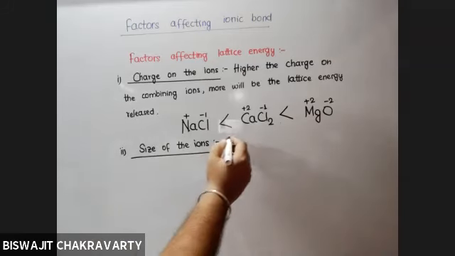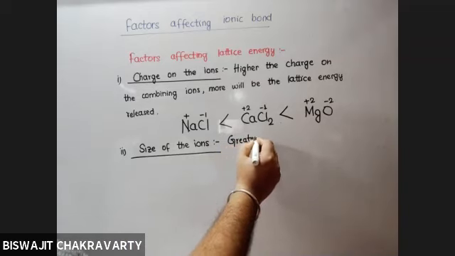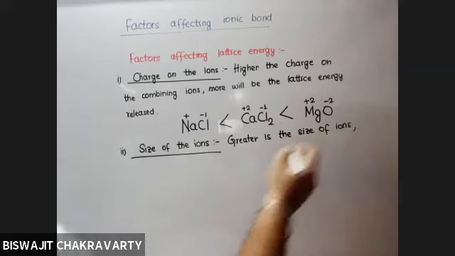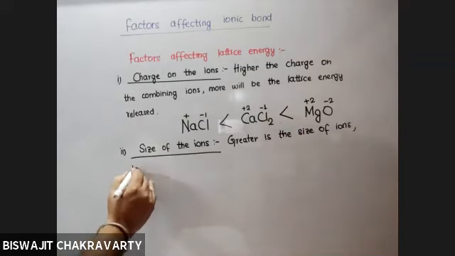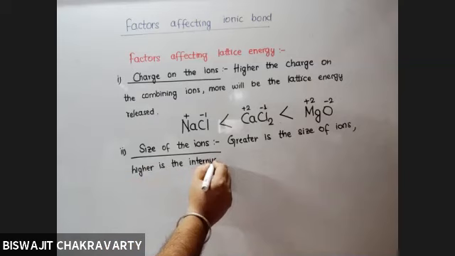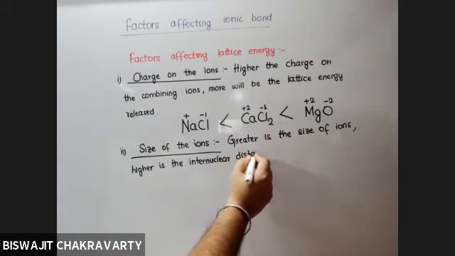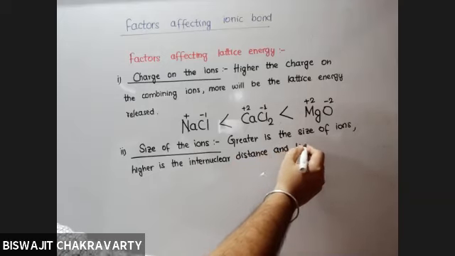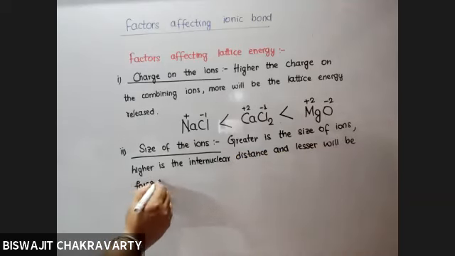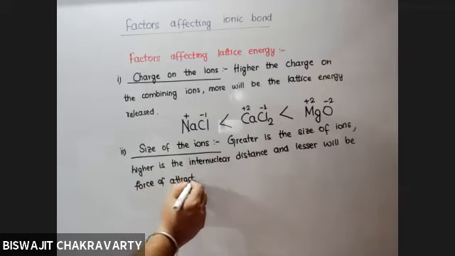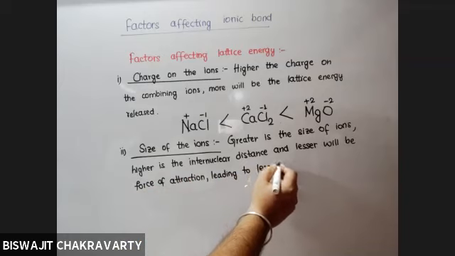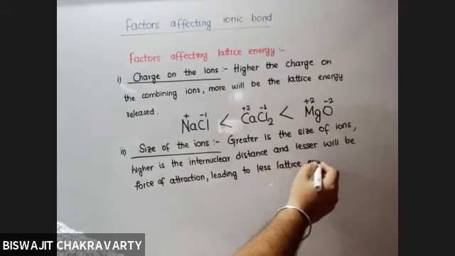On the contrary, greater is the size of ions, higher is the internuclear distance, and lesser will be the force of attraction, leading to less lattice energy released.